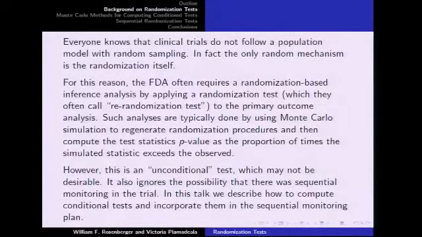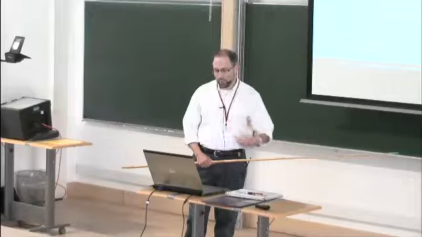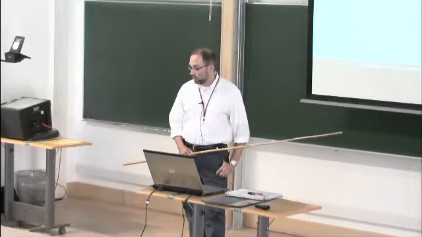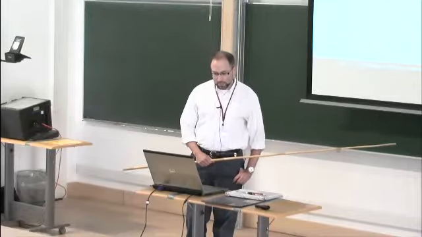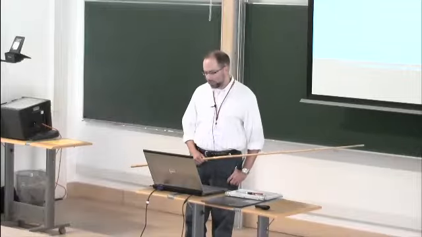Several people at the FDA do require a confirmatory analysis using a randomization-based inference that is based on the actual randomization procedure that was used in the clinical trial. They call this at the FDA a re-randomization test.